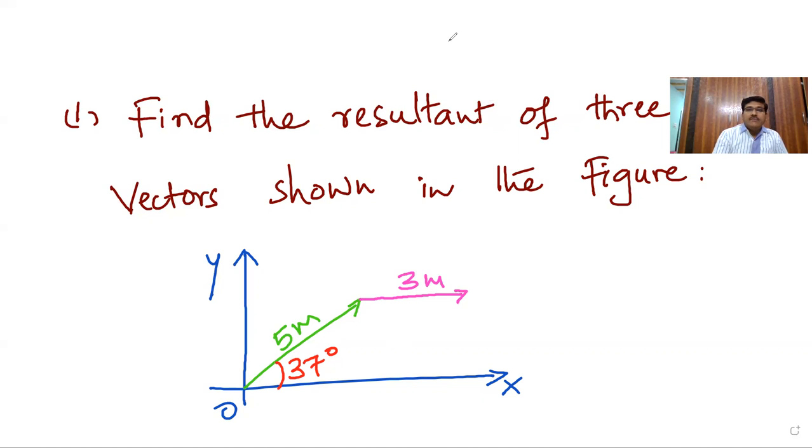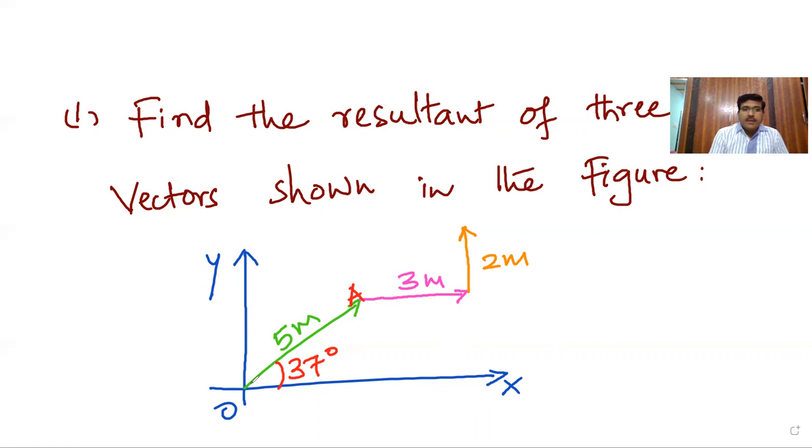And there is another vector parallel to the y-axis, having 2 meters magnitude. How is the clarity? In this problem, he has given 3 vectors. Let me give names for these also.